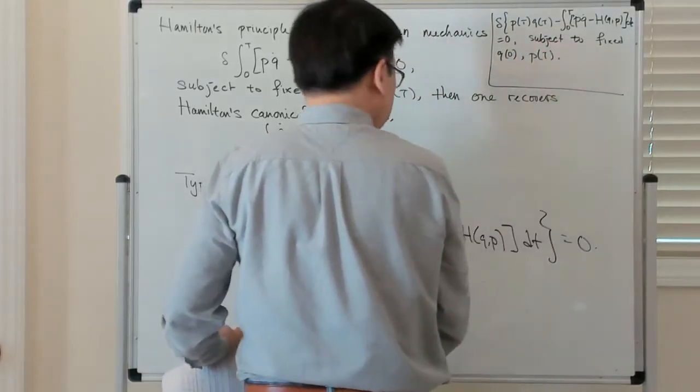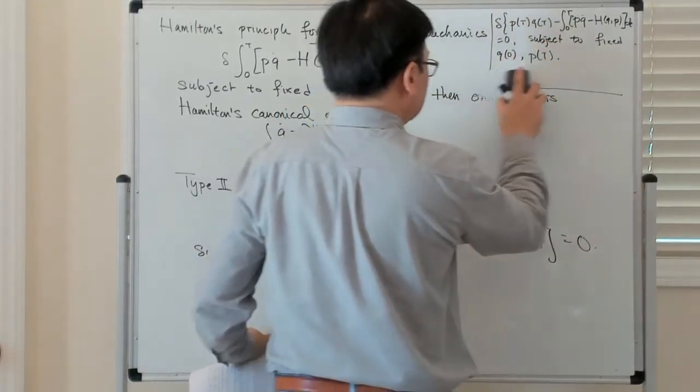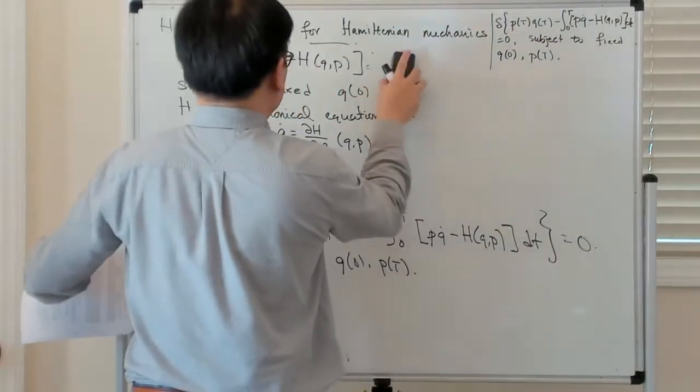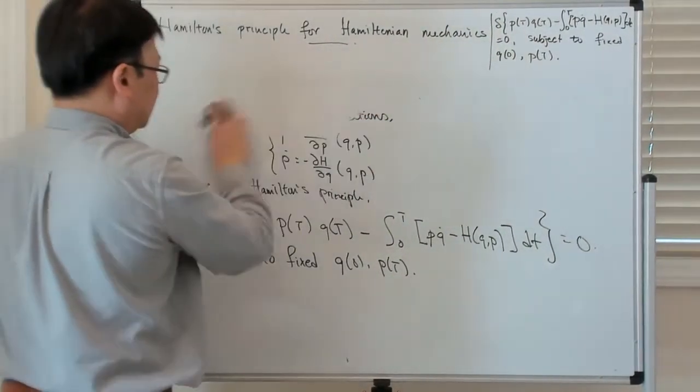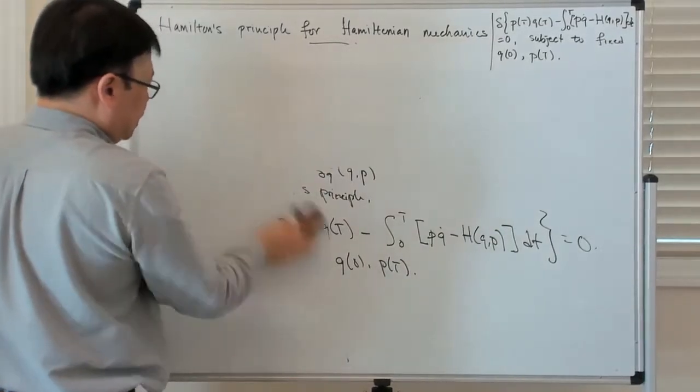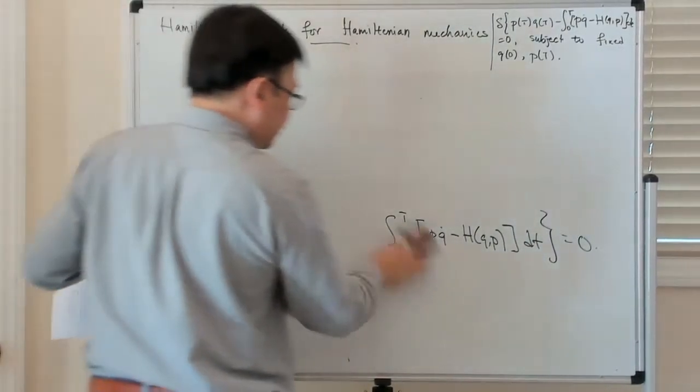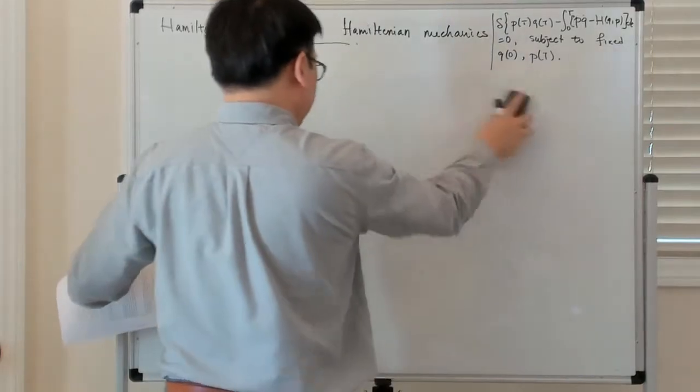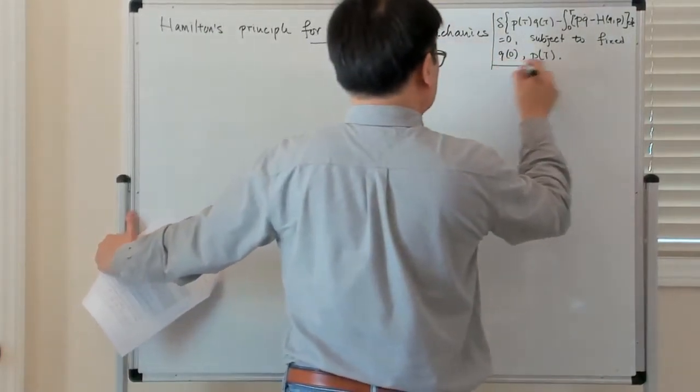Okay, so that's this type 2 Hamilton's principle, basically. And let's see that this actually gives you Hamilton's canonical equations as the stationarity condition.